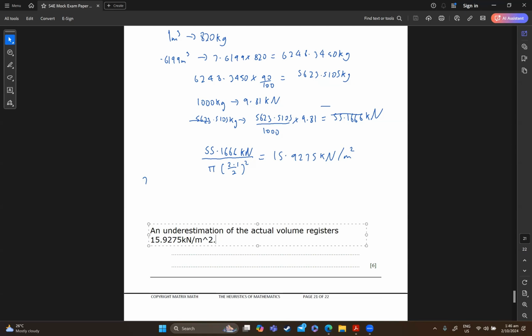Okay. So this value exceeds. Hence, the tank requires a specific foundation.